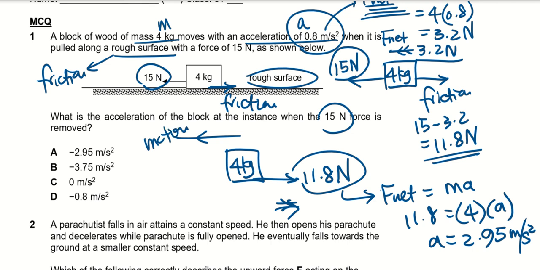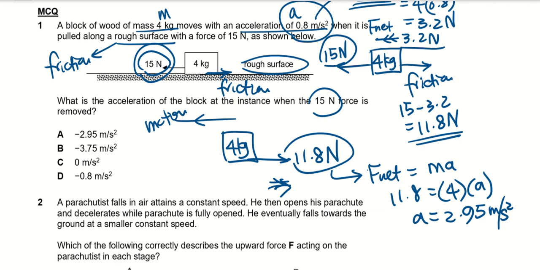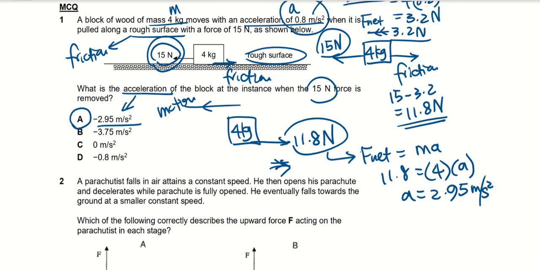Even after I have removed my 15 newton pulling force, it will not stop immediately. It will decelerate. So the block is actually decelerating. But since there's no negative deceleration, A will be the answer, because they're asking for acceleration. Negative acceleration, if it's in the opposite direction, is equal to deceleration.